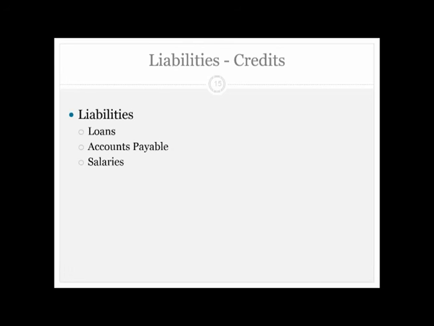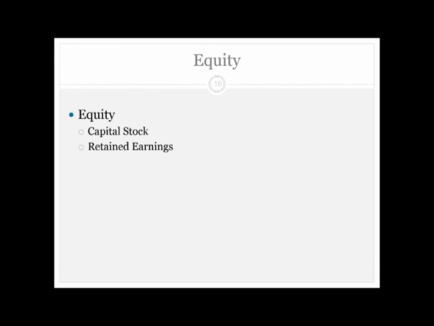And the salaries item is here just to reflect that you can accrue salaries that are due to employees that maybe at year end have not yet been paid. The equity section consists of capital stock, which is the value of the stock when the corporation was created, and also the retained earnings, which again is the profits and losses of your business over time.